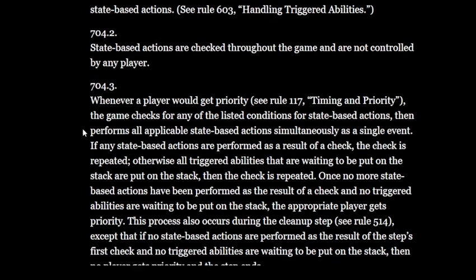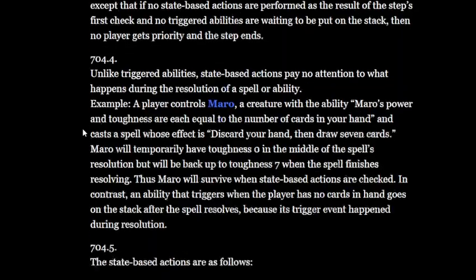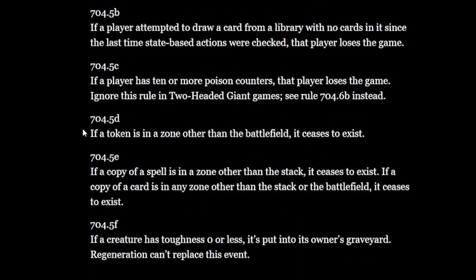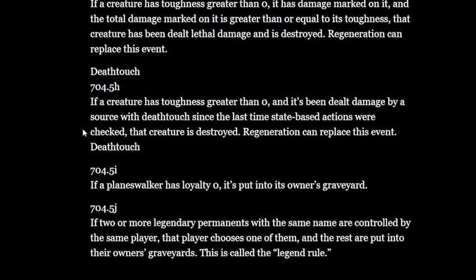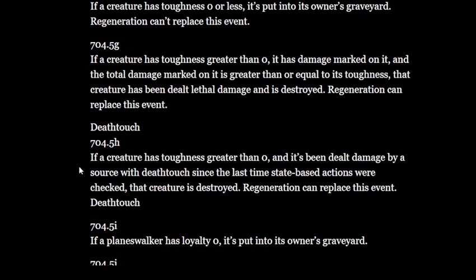We're going to skip over to this: if a creature has toughness greater than 0 and it's been dealt damage by a source with Deathtouch since the last time state-based actions were checked, that creature is destroyed. Regeneration can replace this event.